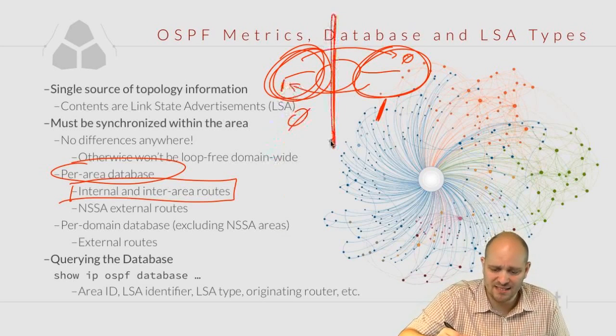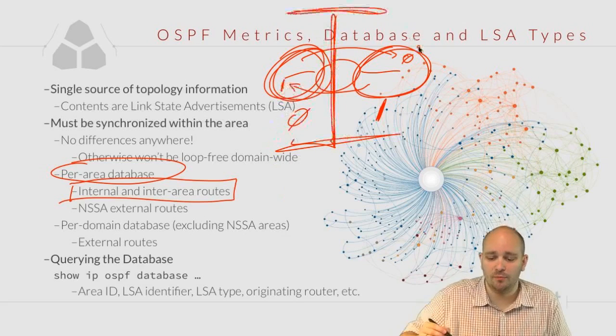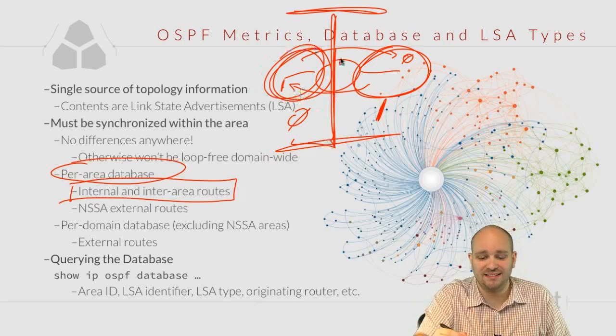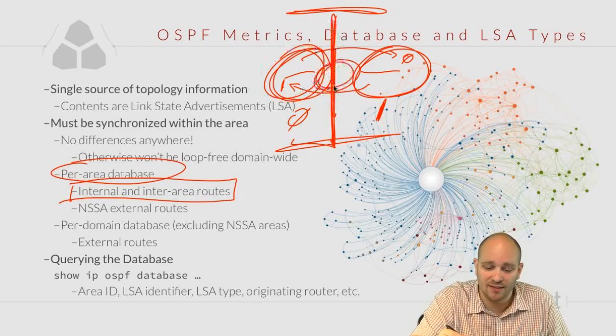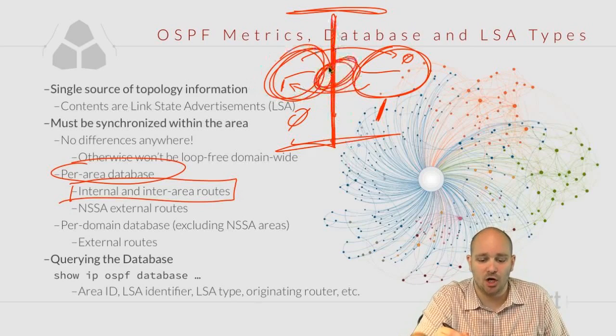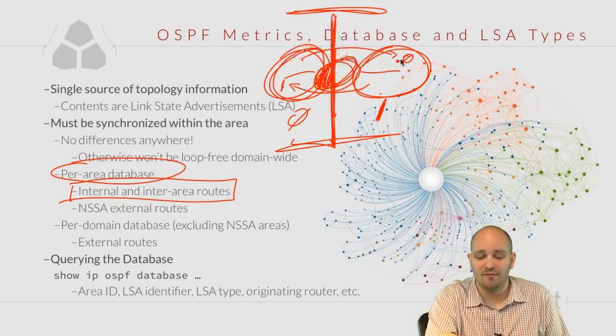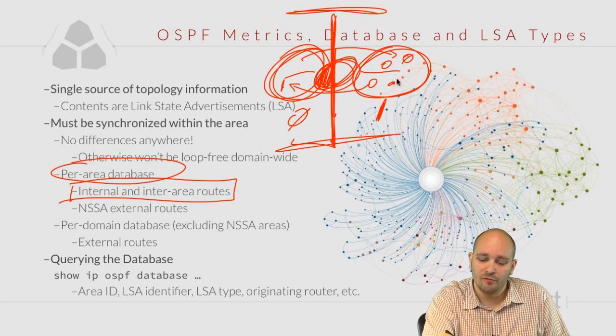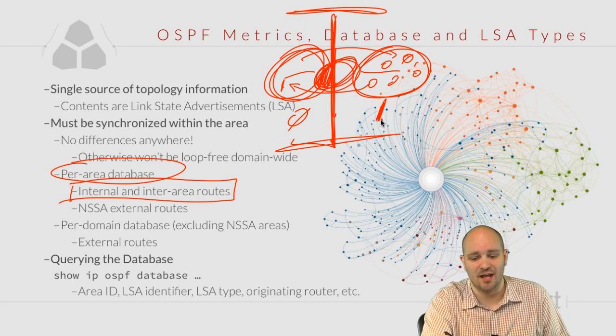But these databases need to be viewed as separate entities, because the routers here in area 0 are all going to have the same database and share it with our ABR on this side, but they will have no visibility into what is happening here. The same thing goes for the routers that might exist in area 1.